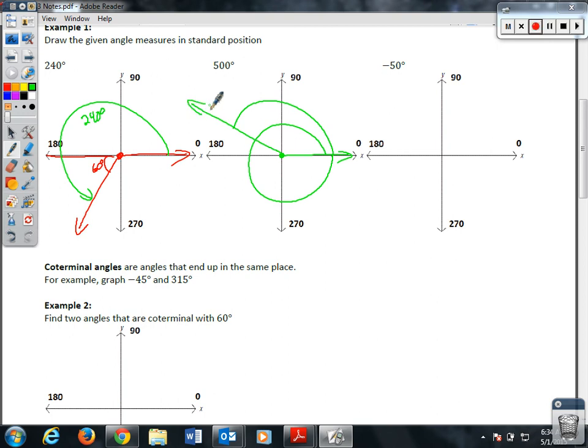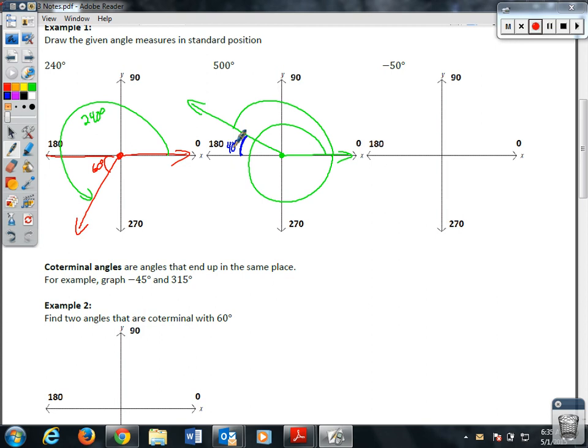We'll say that that is 140. And again, 140 is 40 less than 180, so this angle right here is going to have to be a 40-degree angle in order for that to work out. So 500 degrees is more than 360, which means we go around more than once.